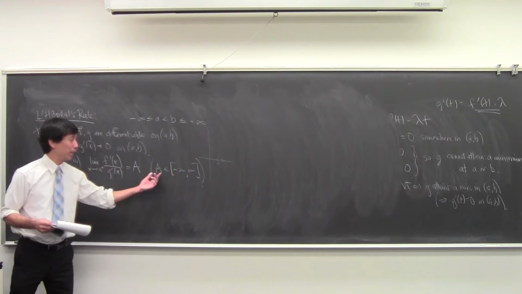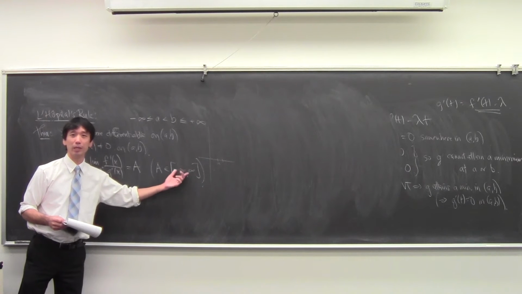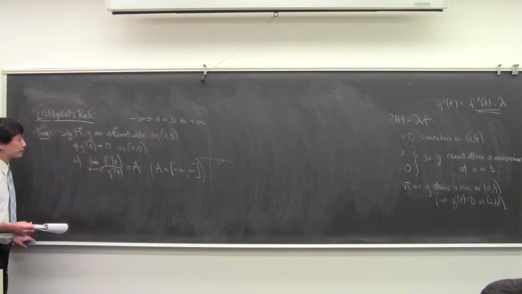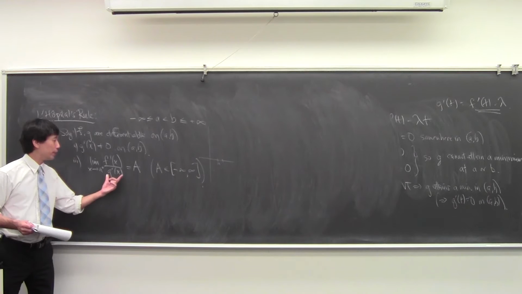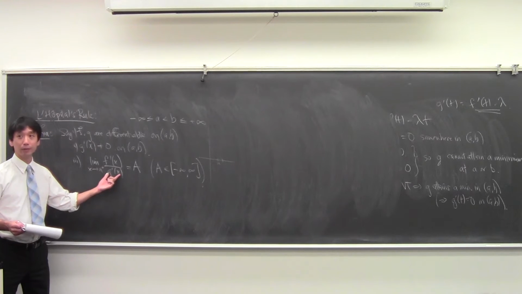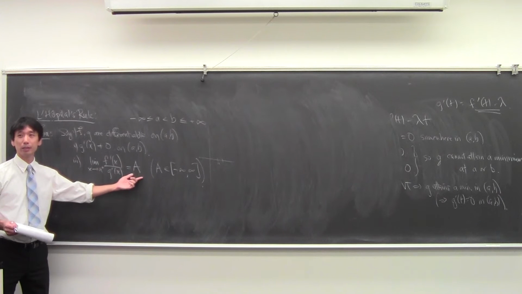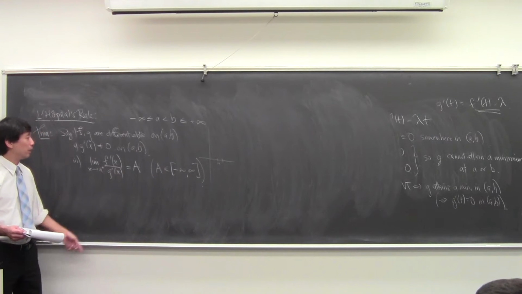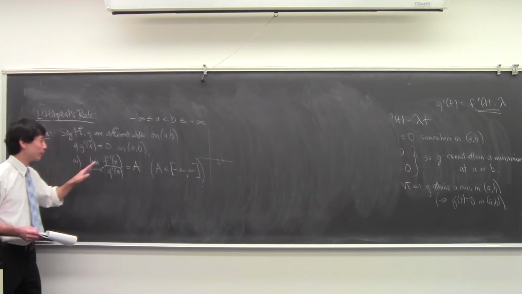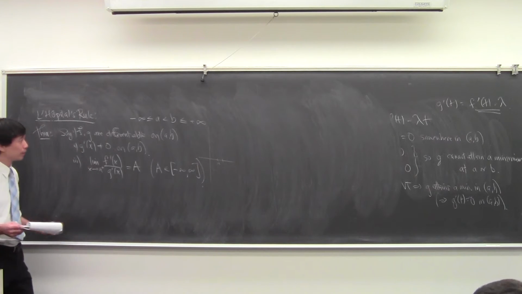So A can be negative infinity or positive infinity or anything between. And you see why we needed g prime to be non-zero, right? Anyway, we need g prime to be non-zero.